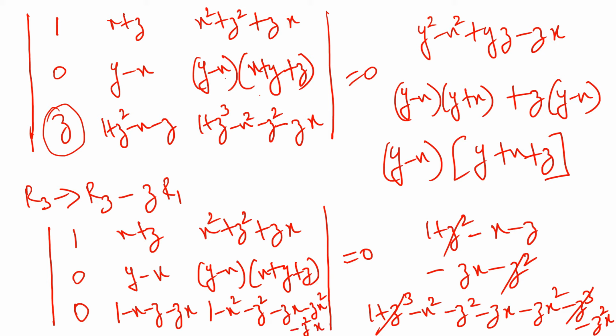Now student, this value seems to be big, but we are at the advantage because we have created two zeros in the first column. So now we'll be just expanding the entire determinant along the first column. Fine.